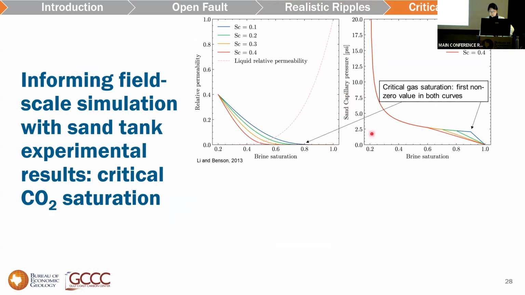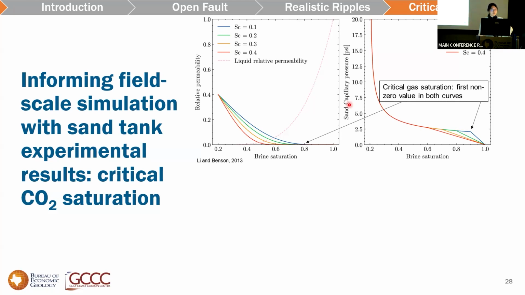And the critical CO2 saturation is the first non-zero value in both of these curves. And these curves are relative permeability and capillary pressure curves. And these are input fluid flow models for multi-phase flow physics reservoir simulators.